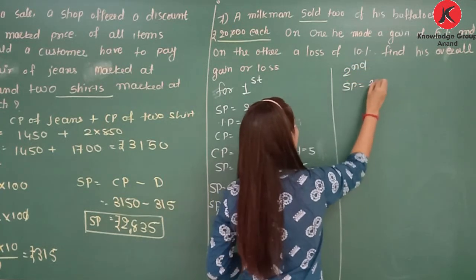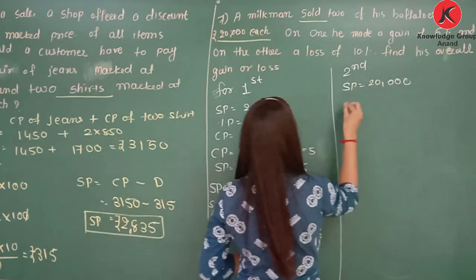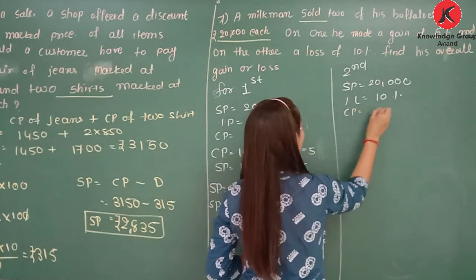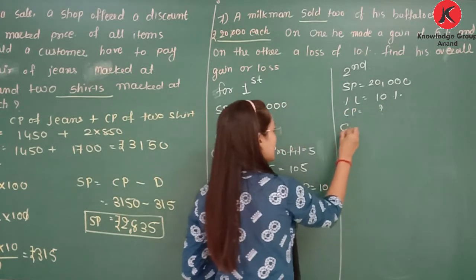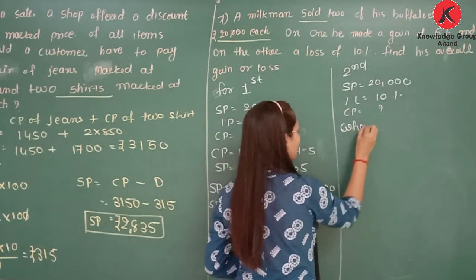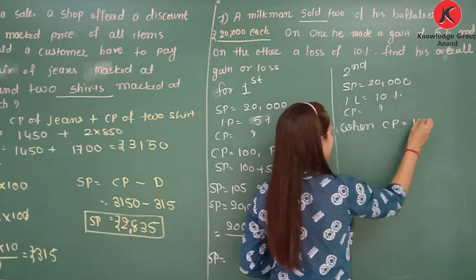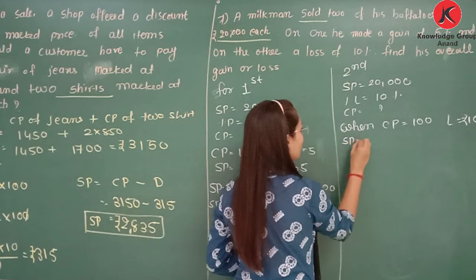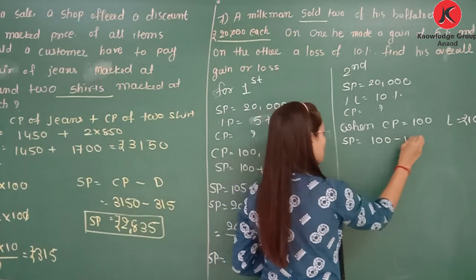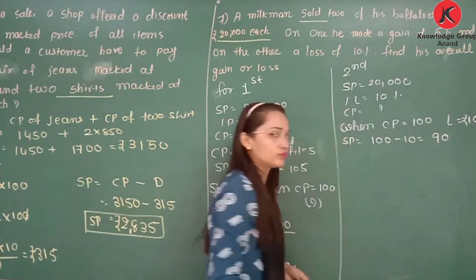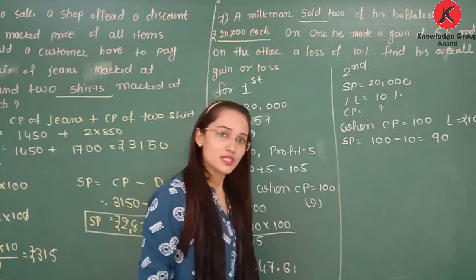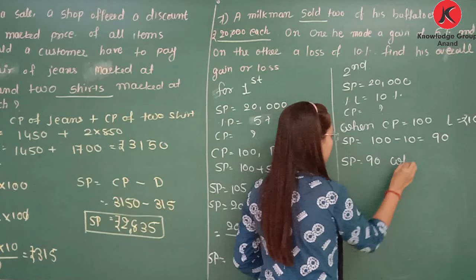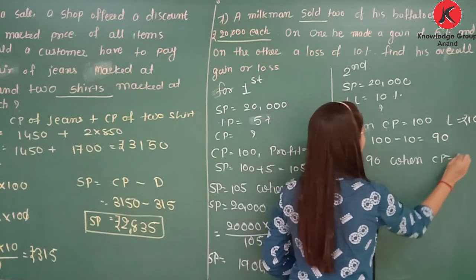SP is 20,000 and on that we have a loss of 10%. So find the CP. So again we can start: when CP is 100, loss is 10 rupees. So selling price will be 100 minus 10, meaning it is sold at 90 rupees. Loss means 10 rupees less. So selling price is 90 when CP is 100.